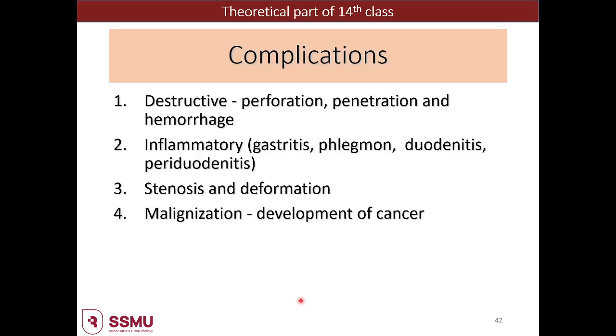Stenosis and deformation are associated with development of connective tissue in the bottom of the ulcer, and it may lead to some motor complications, and also some dyspeptic complications. And also malignization, or formation of cancer. Cancer is a malignant tumor from epithelium, and there are a lot of sources for growing tumor in the stomach. But we will discuss it a bit later.